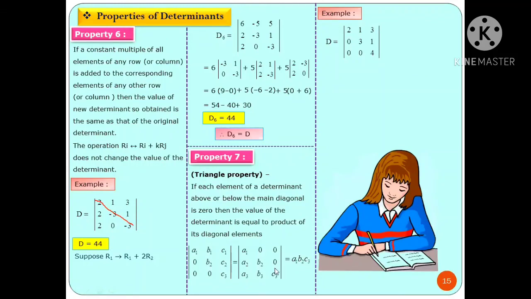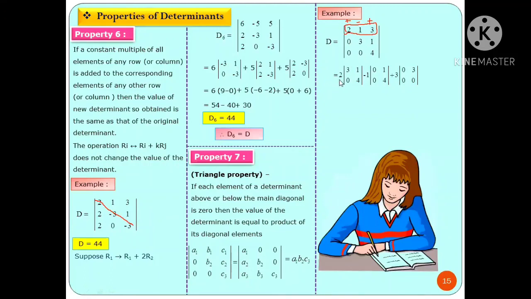Solving this determinant along the first row. We are taking the first row element signs as plus, minus and plus. First element 2. 2 multiplied by subdeterminant 3, 1, 0, 4, minus 1 times subdeterminant 0, 1, 0, 4, and last plus 3 into 0, 3, 0, 0.